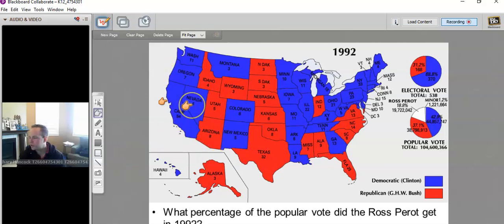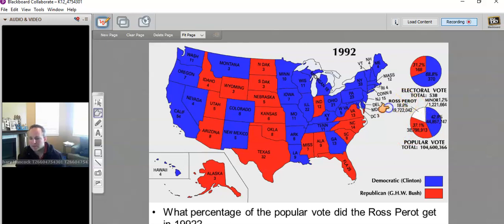Anyways, you can see which states went to what, right? So Bill Clinton was a Democratic president, and Ross Perot was a Republican. Or actually, sorry, Ross Perot was a third-party candidate, and I believe it was George H.W. Bush who was running against him. I'm sorry.